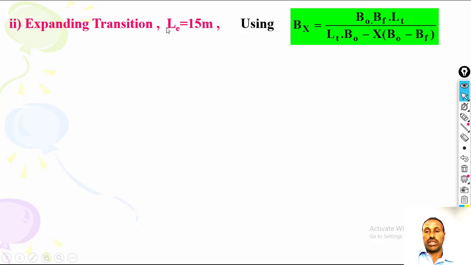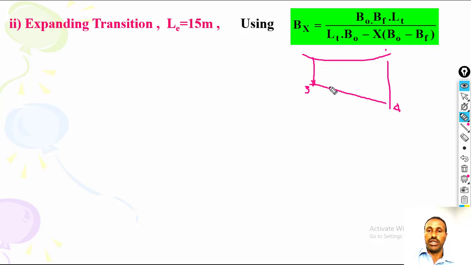And expanding transition would mean from section 3 to section 4, like this. So section 4 will be at this point. Up to section 4, you are going to determine this curve. Similar. So length of expanding transition already determined is 15 meter according to the splay of 3 to 1.